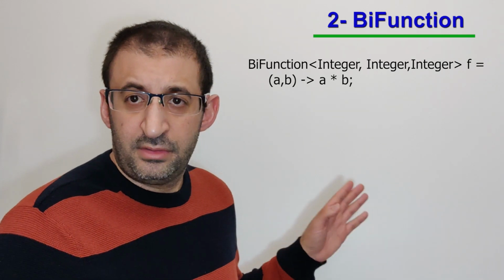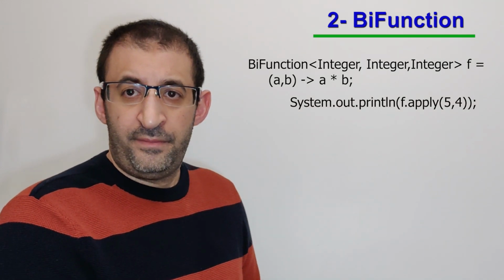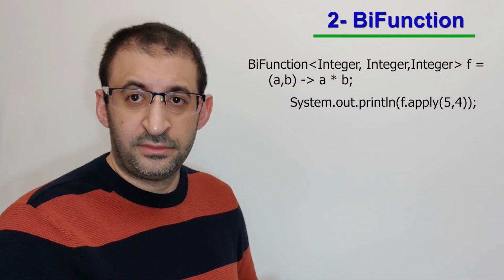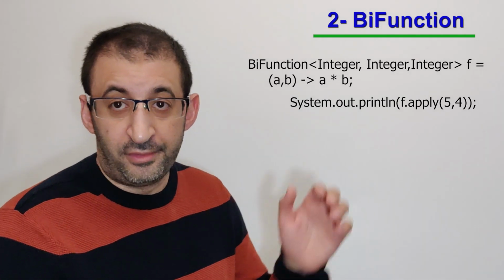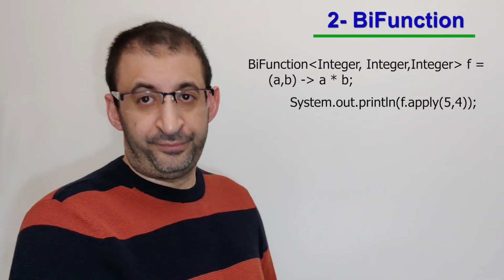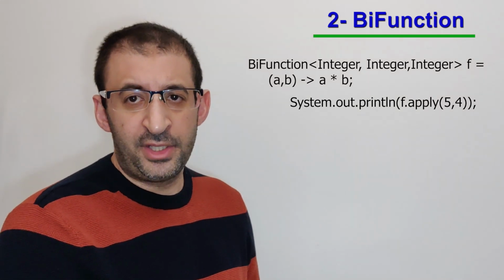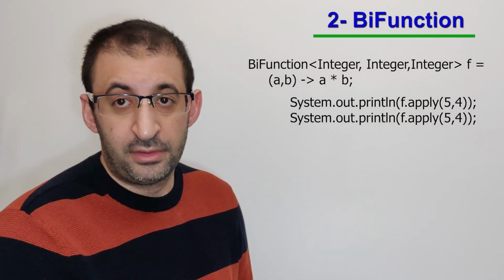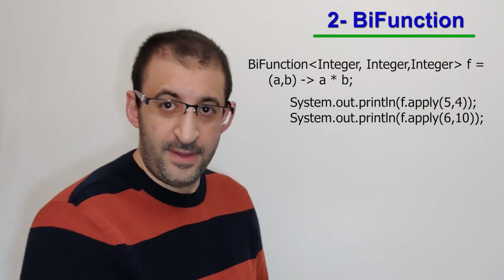After this, System.out.println f.apply 5 and 4, for example. Also, I will do another one: System.out.println 6 and 10. So the first one is 20, the second is 60.